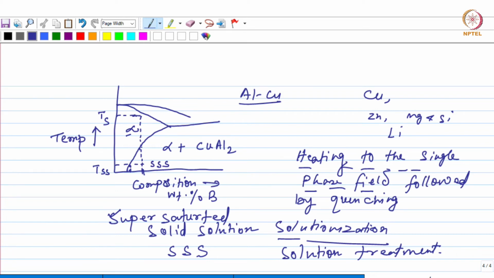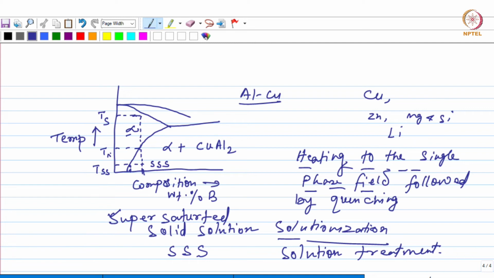Now the question would be, if we do not cool it fast at a rapid cooling rate, then what is going to happen? Will the precipitate form in that case? Well, if you do that, the precipitate will actually form when it crosses this particular temperature.